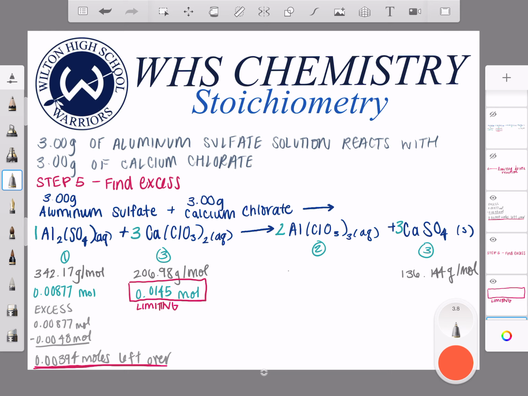We subtract by this number right here because the limiting reactant drives the whole entire reaction. That's why we're subtracting by this number to determine the excess, because the limiting reactant always drives the entire reaction.